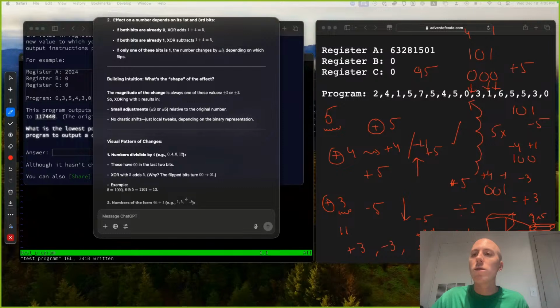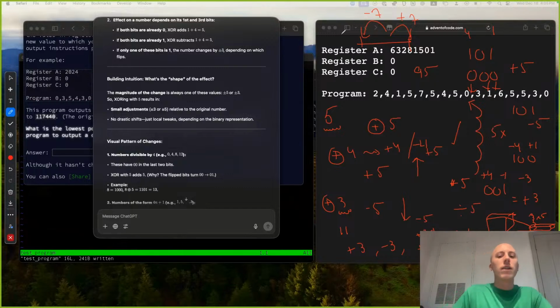And if we were XORing with 7, it would be different like that. But the most you could gain is 7, and the most you could lose is 7, and you could be somewhere in between in this range.